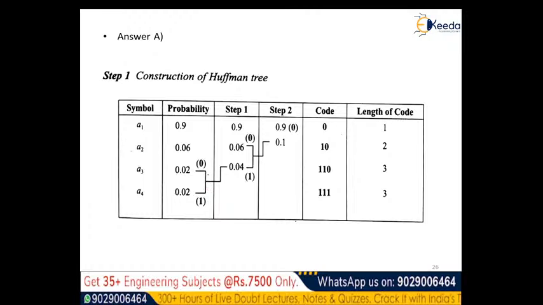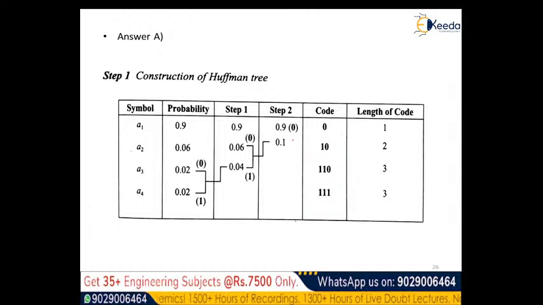As per the Huffman tree, we denote the last 2 entries by 0 and 1, then add them and represent them in the next step. In the next step, we again code the last 2 entries by 0 and 1, then add them so that we get back to the value here, and again provide the coding.